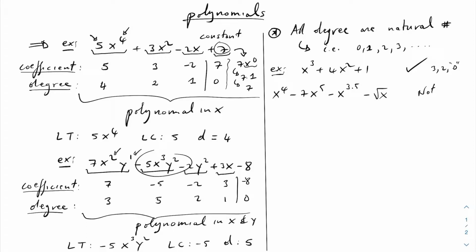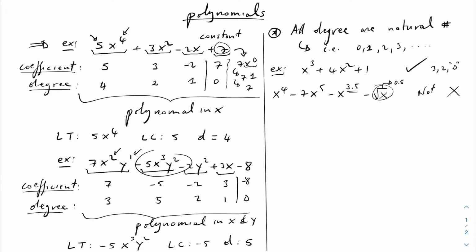And in addition to that, you even have the square root of x here, which is technically x to the power of 1/2. So that's not good either. So you have these two x terms with decimal powers. That makes this particular expression not a polynomial. Not a polynomial at all because of those decimal exponents.